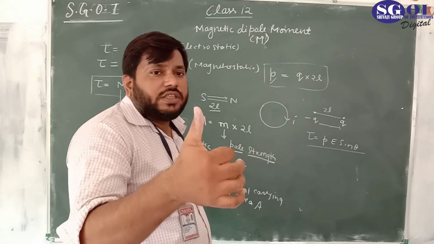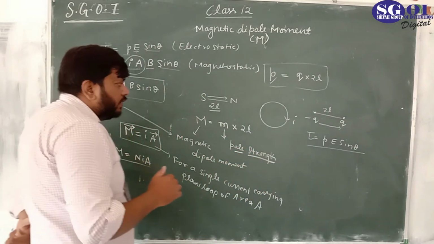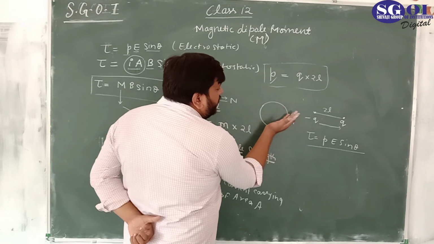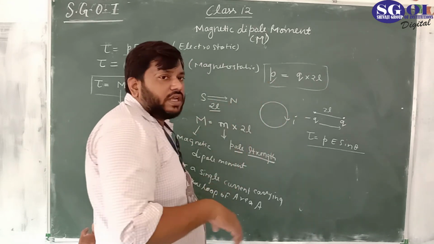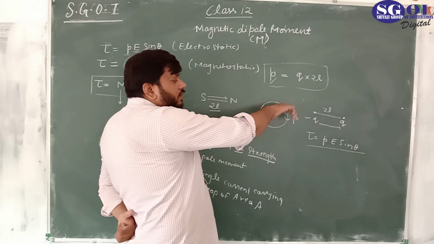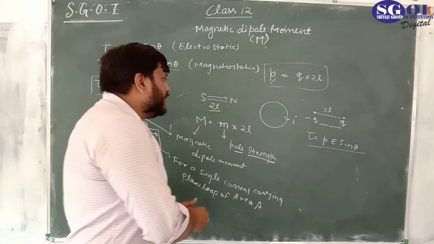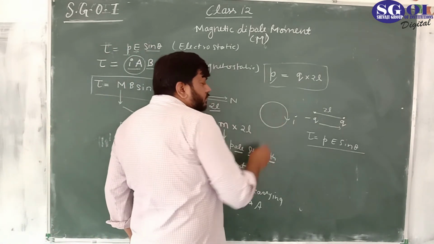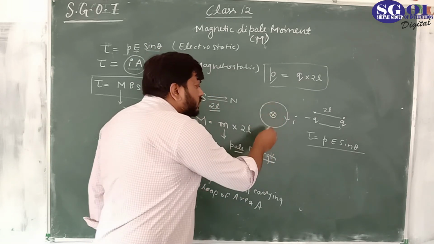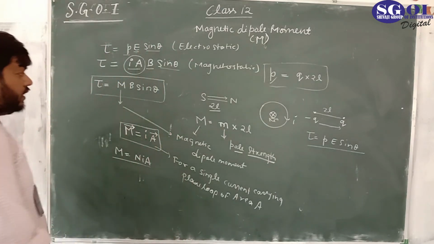In that situation, the thumb would point in the direction of the magnetic dipole moment. We have two options. Inside this we can place the symbol cross for m. So I think you are clear.